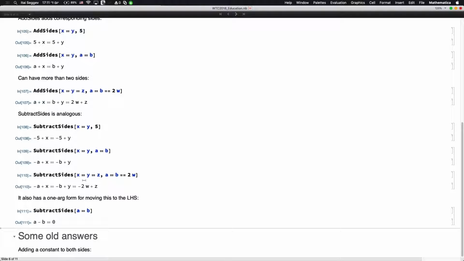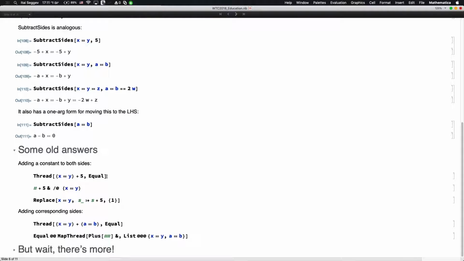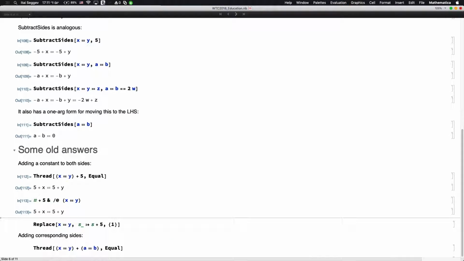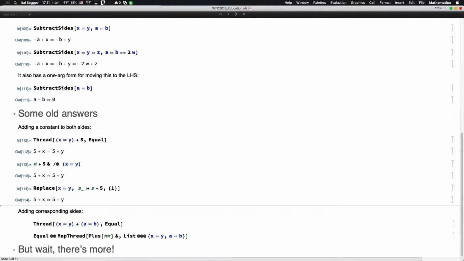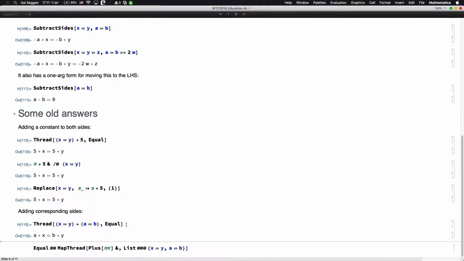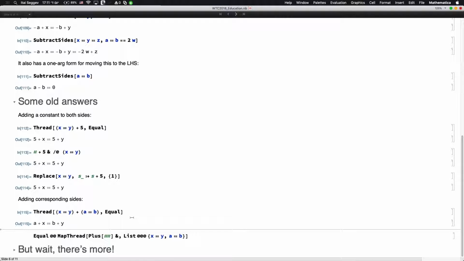Right, and just for comparison, here is what you used to have to do. So adding a constant was really not too bad, at least if you are comfortable with Map or the pattern matcher, although most calculus students are not. And for adding respective equations, again with Thread, if you understand it, it's not too bad.